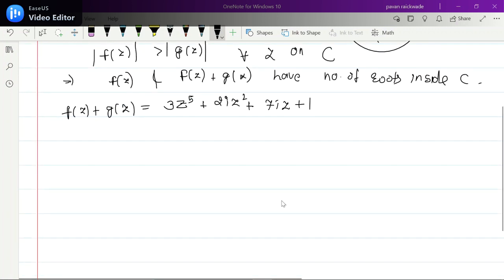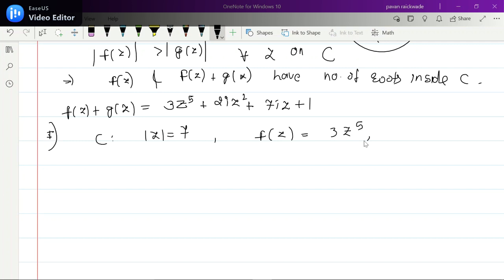This is my f(z) + g(z). We just need to choose f and g such that we can use Rouche's theorem to get a result. For step 1, my C is |z| = 7, correct? So let's take f to be 3z^5 and g(z) to be the remaining thing, which is 2iz^2 + 7iz + 1.